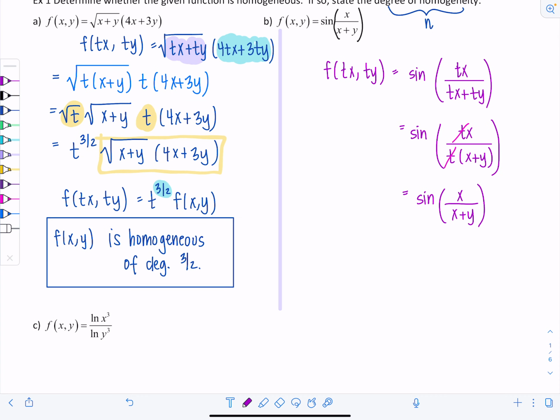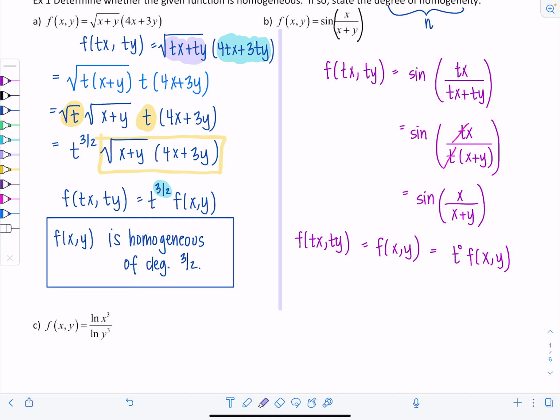So this is interesting. That means f of tx, ty is equal to the original function f of x, y. So basically, if we were to apply the definition for a homogeneous function, we would say we could write it as t raised to the 0, correct? Times f of x, y.